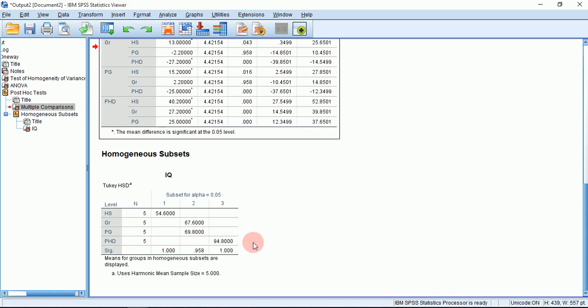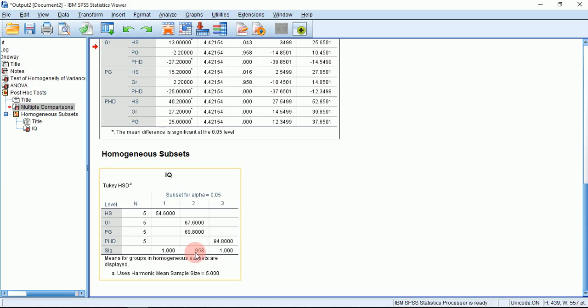As the higher secondary has no homogeneous group with it, the significance value of higher secondary here is presented as 1. And the graduates and postgraduates, they are homogeneous subsets, and the significance value of the mean difference of these two groups is presented as 0.958.